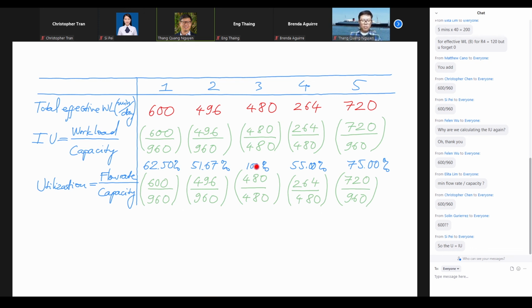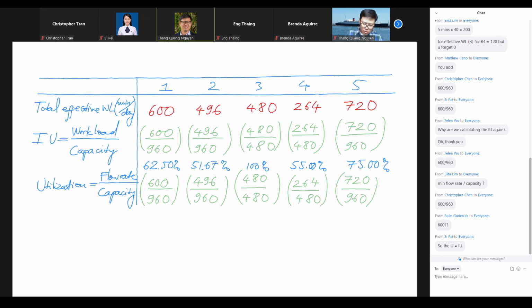Let me remind everybody that U and IU are two different concepts. One is about efficiency, one is about demand pressure. But whenever demand is smaller than or equal to capacity, the two values are equal. So that's why we have equality here, here, here, and here, right?